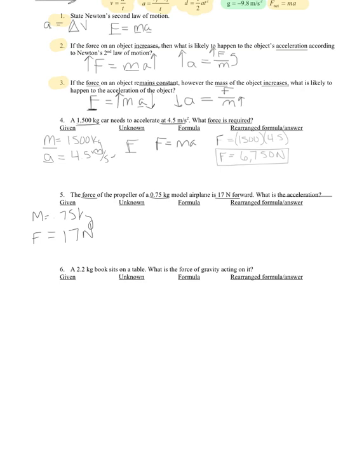I'm looking for acceleration. Again, I'm going to use F equals ma. I'm given an F, 17 equals m, 0.75, times a. I'm just going to divide by 0.75 on both sides. 17 divided by 0.75 is 22.67.